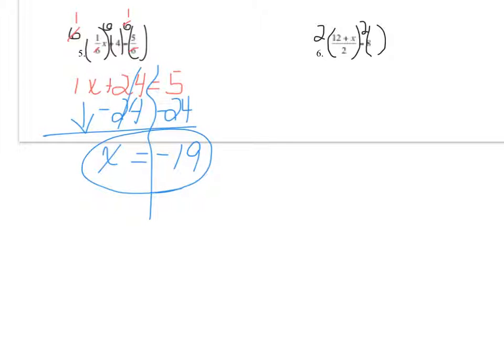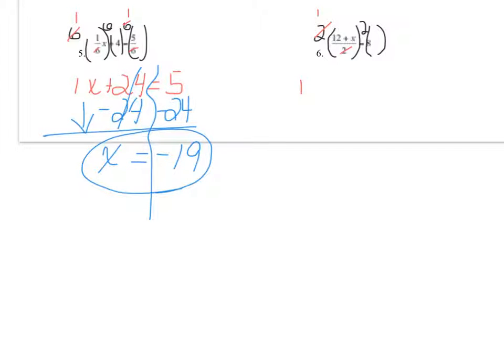Okay. So my next step is 2 and 2, that's going to be a 1. And there is no fraction over here. Okay? So what happens when you do this is that this just becomes a distributive property. So I'm actually going to rewrite that for you like that.